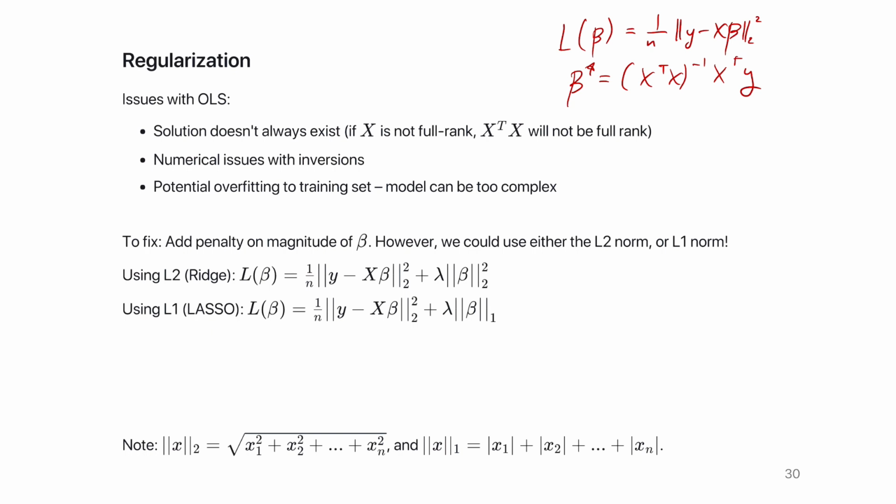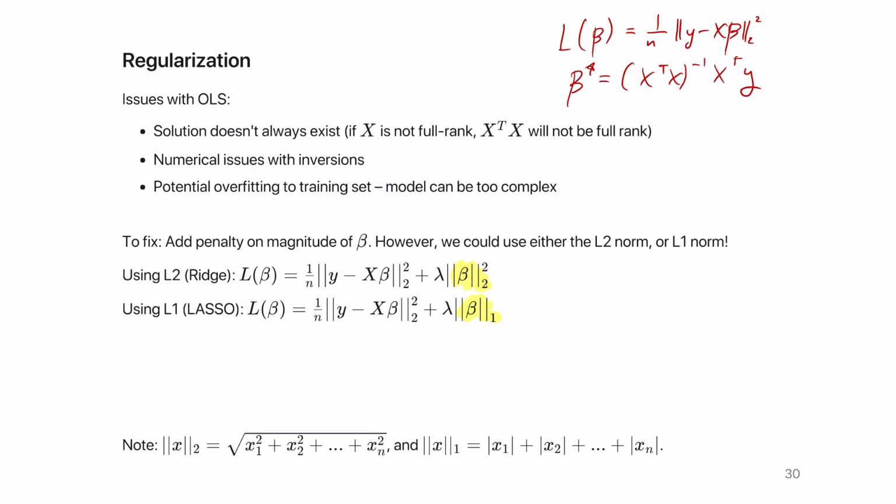The one you've probably seen more is ridge regression, which uses the L2 norm. We take all of the elements in our beta vector, square them, and add them up. There's also lasso regression, where we use the L1 norm for beta, and there we take the absolute value of every element in beta and sum that up.